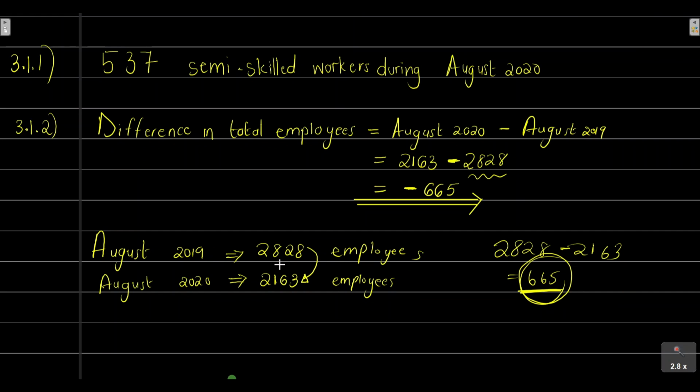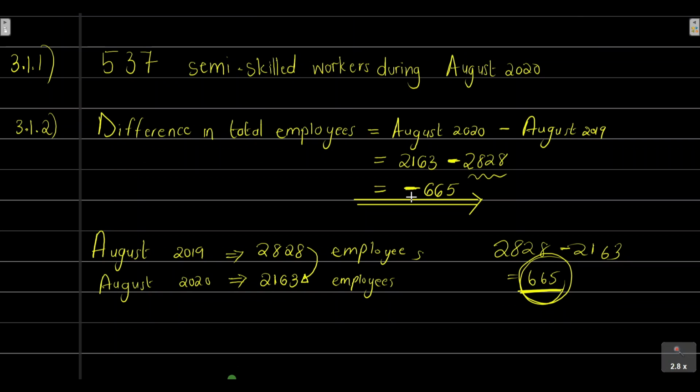So now we need to think when we're answering questions. We're not just punching values in, trying to finish. We need to really think about the question logically. We can see that the employees decreased by negative 665. If you just write 665, you're saying the difference is 665, but you're not giving an accurate representation of what's happening.